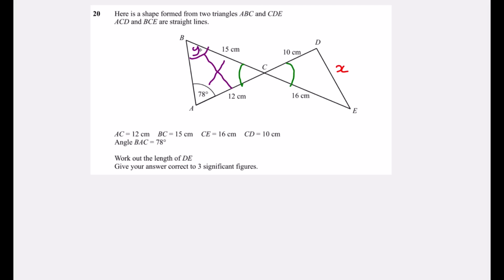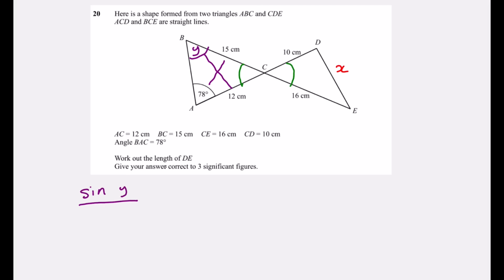Let's call this one y. So the sine rule first, we'll find this angle. We'll find the green one because angles in a triangle add up to 180, and then we'll use that in the second triangle.